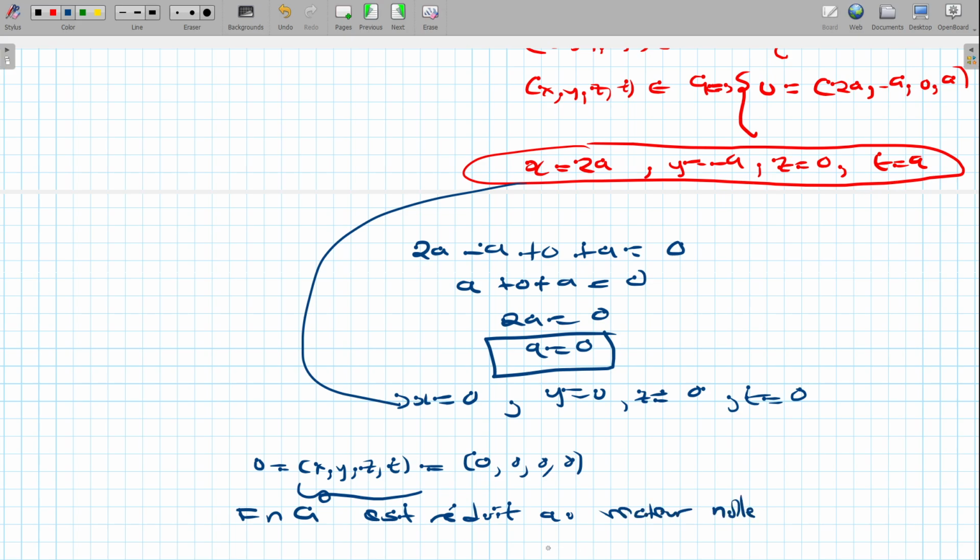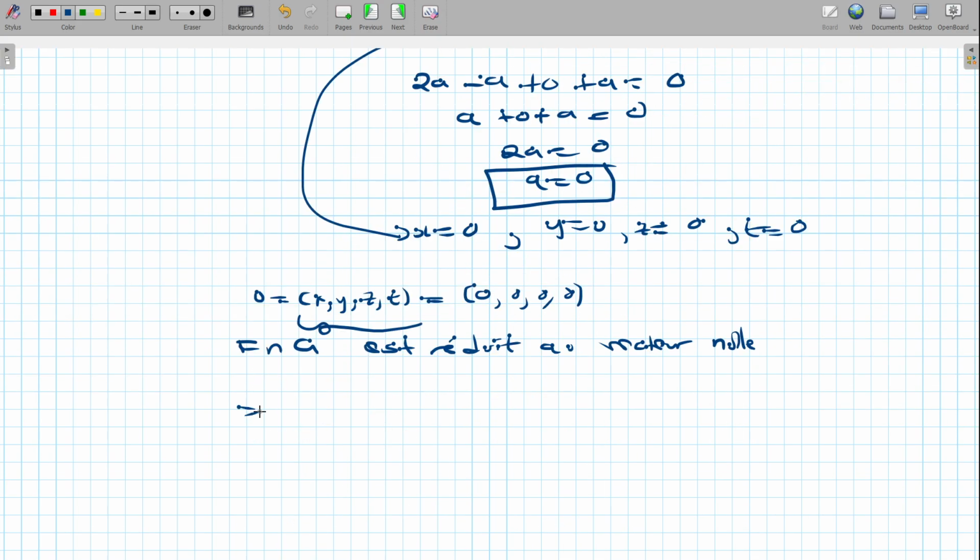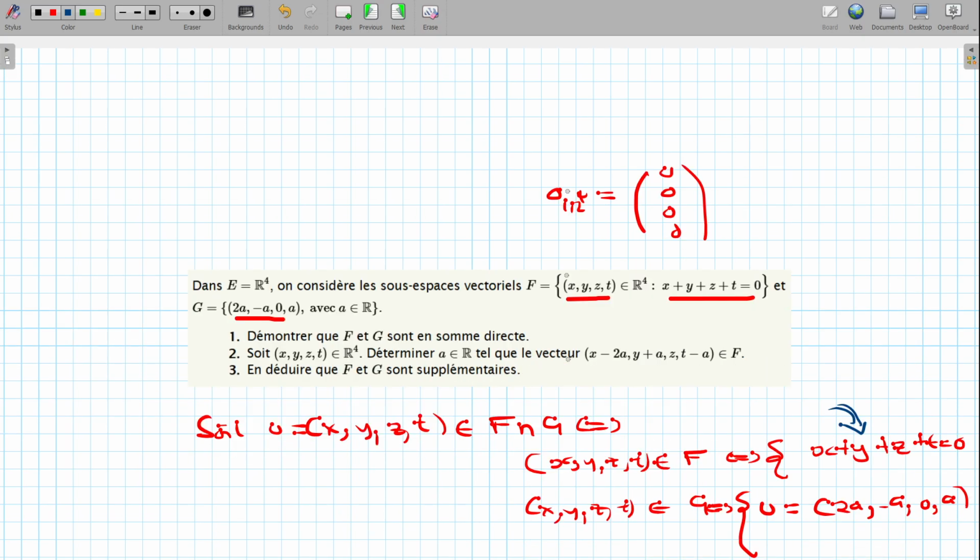So what this means is that if it is reduced to the 0 vector, then F and G are in direct sum. F and G are in direct sum, like so. Okay? So that is for the first question.